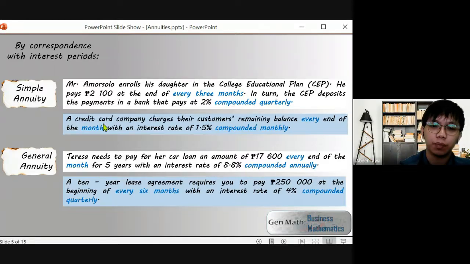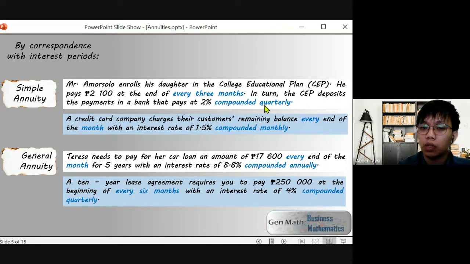Okay, thank you. So if you're going to observe in this problem, Mr. Amor Solo will be saving an amount of 2,100 pesos at the end of every 3 months. And each payment of 2,100 grows at the interest rate of 2% compounded quarterly. So this is an example of simple annuity, because the payment interval is every 3 months, and the interest conversion period is quarterly.